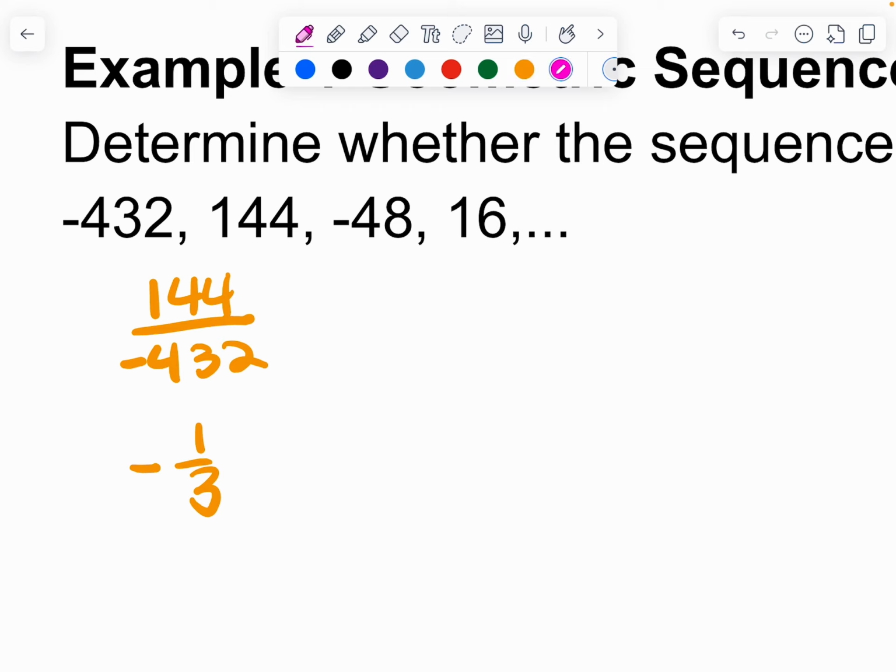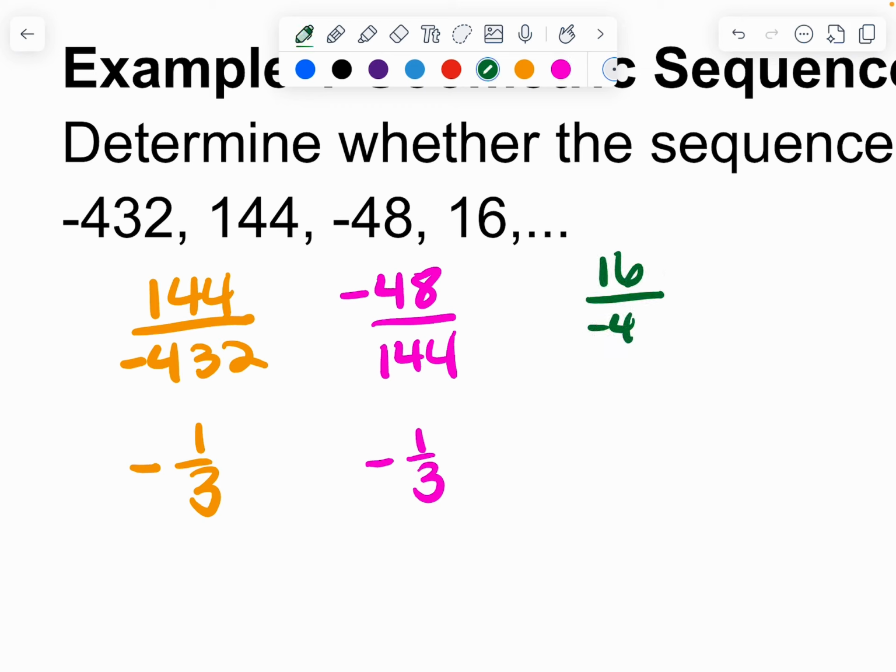Now, we have to make sure that it works for all of them. So negative 48 over 144. I take 48 divided by 144, and again I get negative 1/3. And then last, I'm going to take 16 and divide it by negative 48, and that'll get me negative 1/3. So my common ratio is negative 1/3.